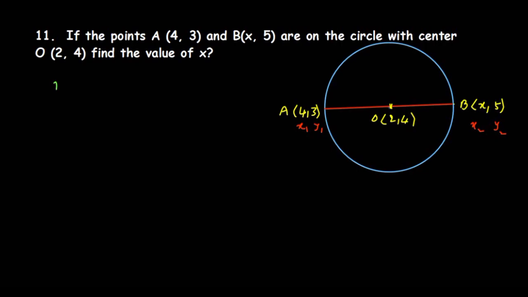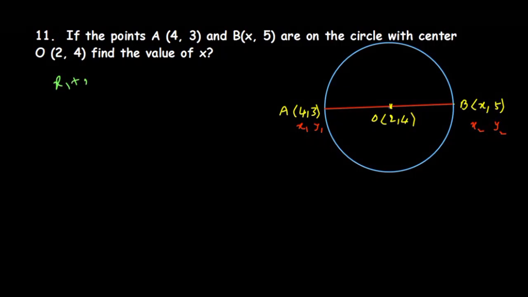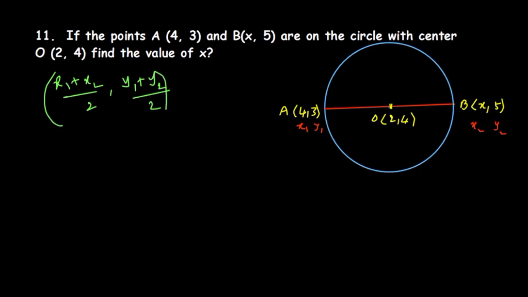So you know what is the center of a circle here? The center of a circle is the midpoint of the diameter. So what's the midpoint? That is (x1 plus x2)/2, (y1 plus y2)/2. So we should find the midpoint of the 2 points A and B, and here we have taken already (4, 3) as (x1, y1) and B(x, y) as (x2, y2).